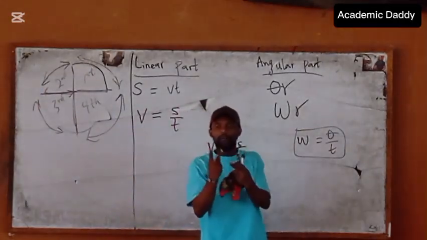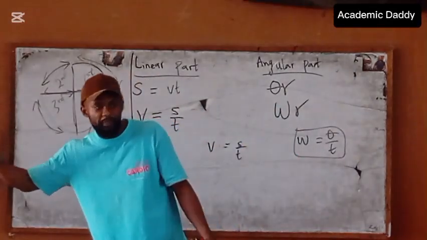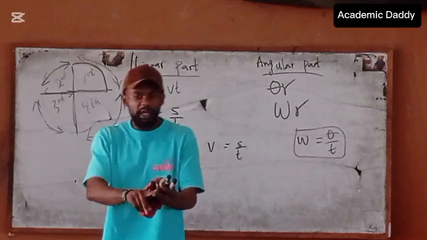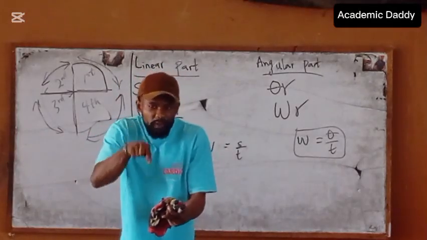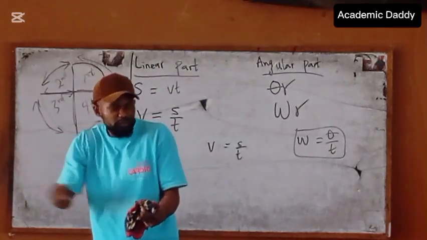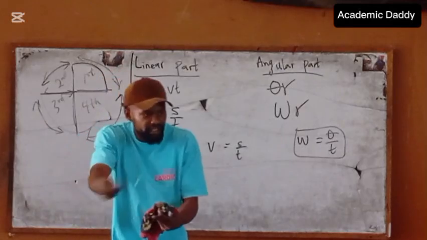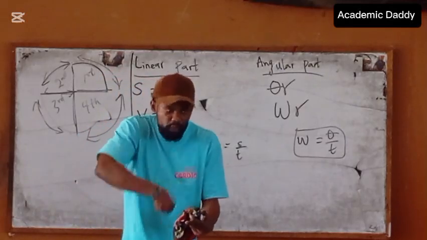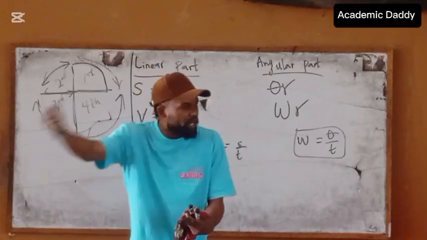So for us to talk about circular motion, we have to be checking its linear part and its angular part. And for us to check the linear part, we have to derive equations for the linear part from kinematics, which is horizontal motion. So we have to use those formulas we know for displacement, velocity, acceleration to derive the linear part of circular motion. Then when we finish the linear part, we remember that circular motion also has an angular part.